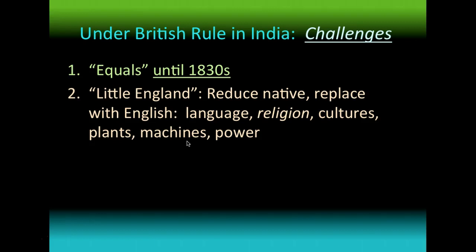And of course, the English industrial machines come in, and the machines end up replacing a lot of the manual laborers, which is a challenge in India for jobs. The English take over slowly in India, and they become more and more powerful. So they are reducing the native influences and replacing them with English ones.